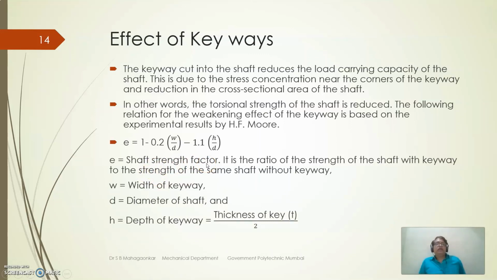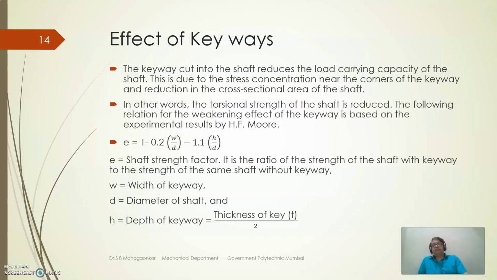It is the ratio of the strength of the shaft with keyway to the strength of the same shaft, of the same material, without keyway. So it comes out less than 1, that is 1 minus something, because the strength of the shaft with keyway is less than without keyway. That's why E should come less than 1.